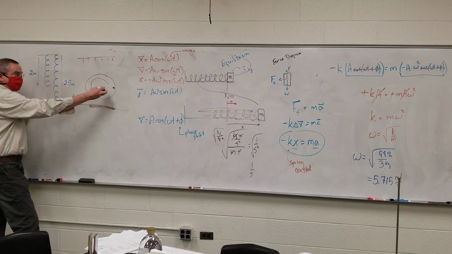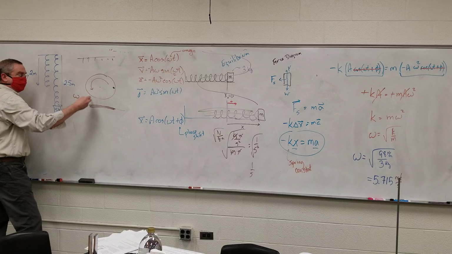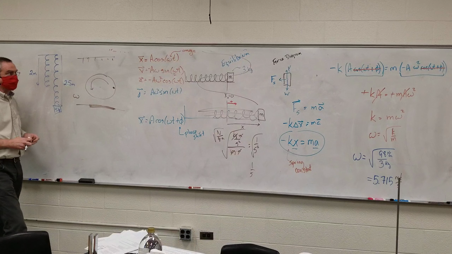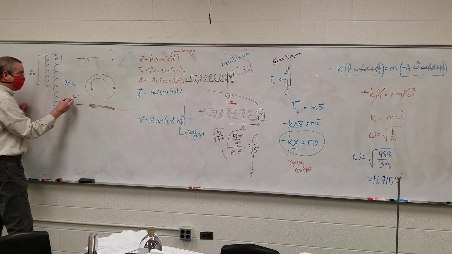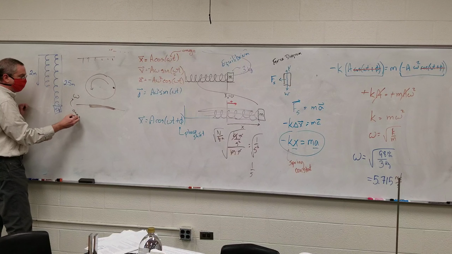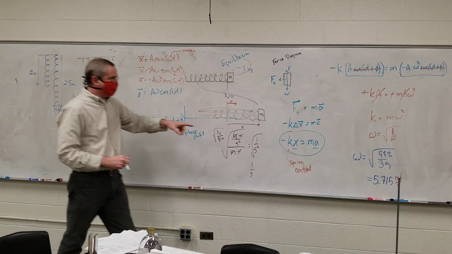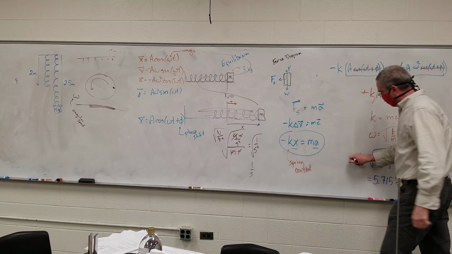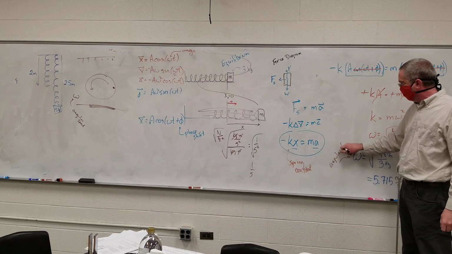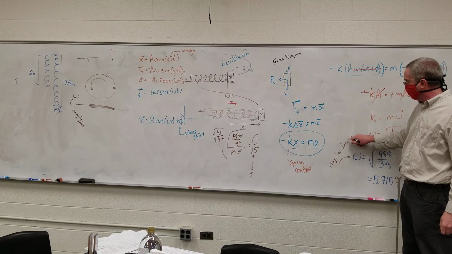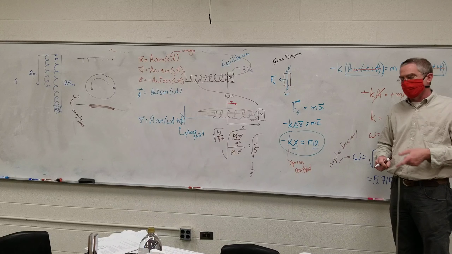We have this angular speed of this wheel with this peg sticking out, and the shadow is in simple harmonic motion. This omega right here is angular speed. This omega down here is angular frequency. Mathematically, there's no difference between them.